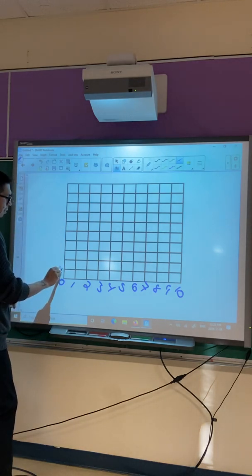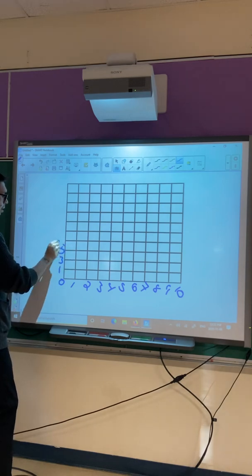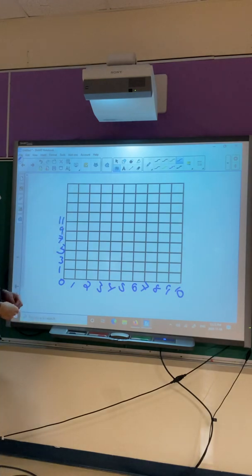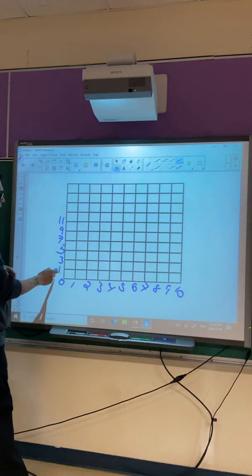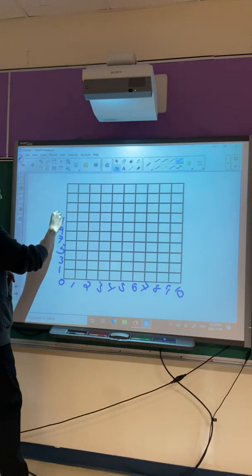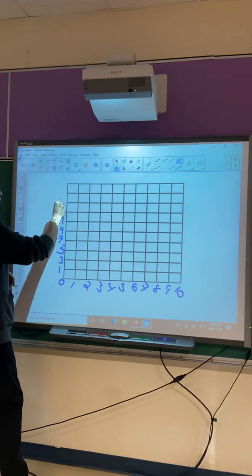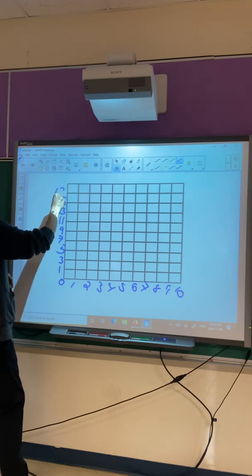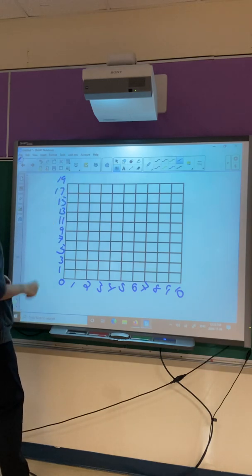So 1, 3, 5, 7, 9, 11. And even though we didn't get any further than that, we can keep our pattern going because we're going up by 2. 11 plus 2 is 13, 15, 17, and 19.